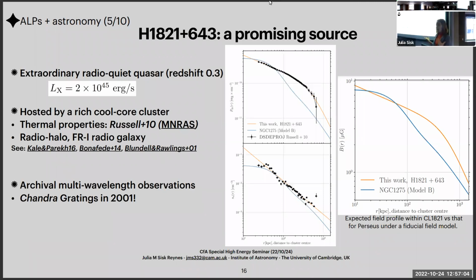And to do this, we used Chandra observations of H1821+643. So this is a very luminous radio-quiet quasar that is at redshift 0.3. And it turns out that the properties of the host cluster were probed by Helen Russell and collaborators in 2010. So here you can see Helen's data, these black data points, and our best fit to the thermal properties of the cluster.